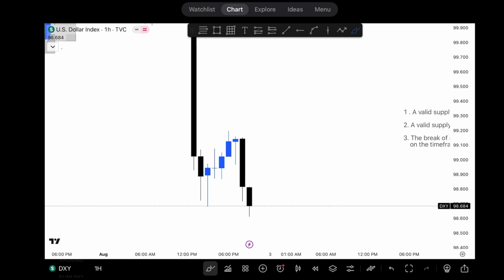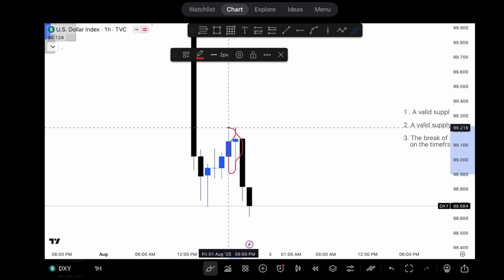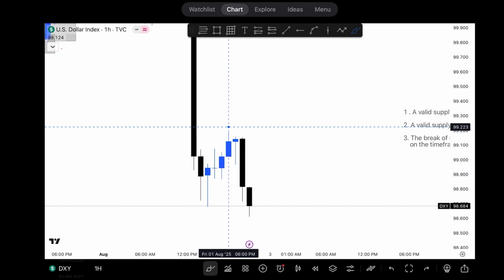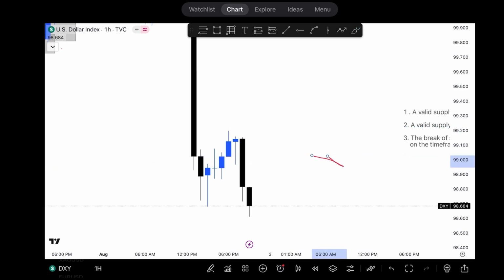This candle right here, this particular bullish candle, if you look at the next candle after it, which is this black candle, can you see the black candle closed with a body closure?